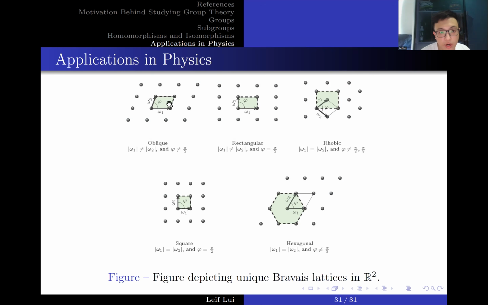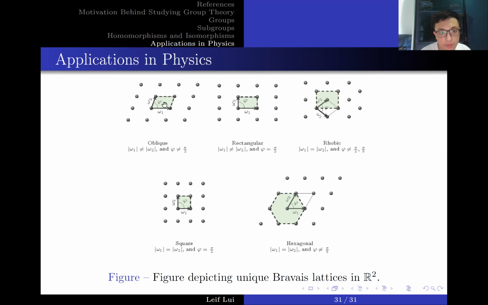Basically, it looks like a rectangular lattice, but the points are rotated by some angle phi, which is not pi over 2. Maybe last time I didn't really explain what a primitive vector is. So these two are primitive vectors, but they're not unique, right?